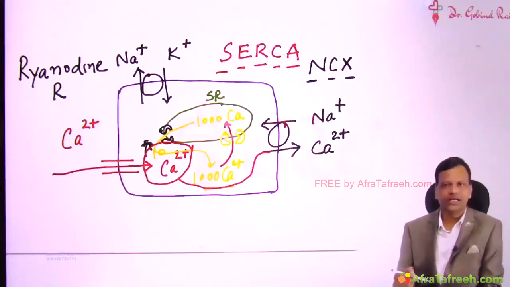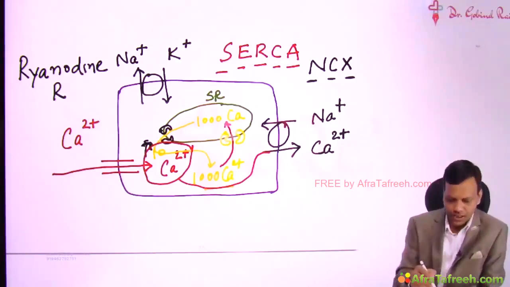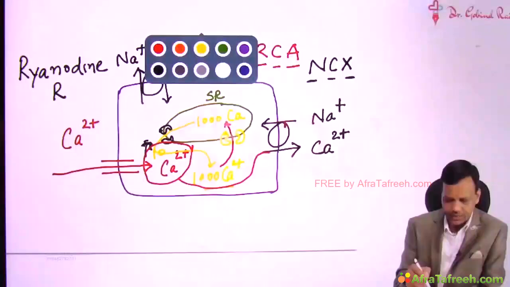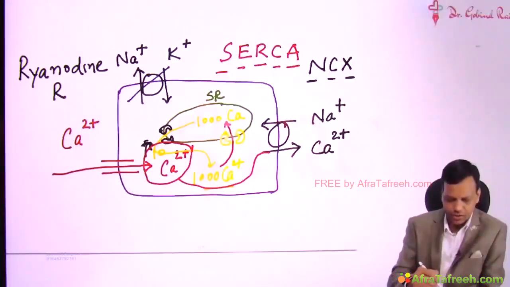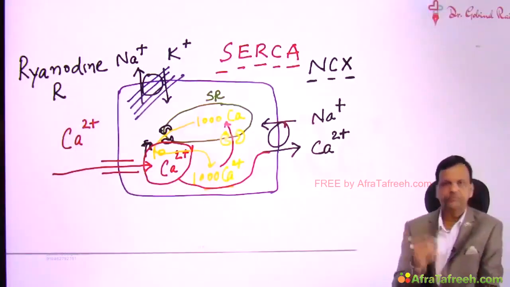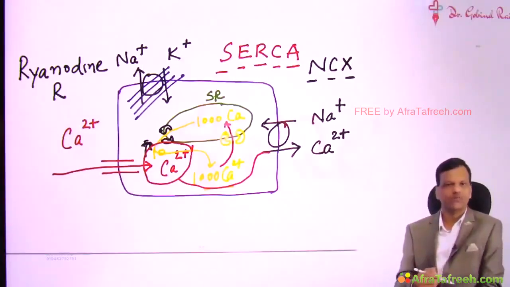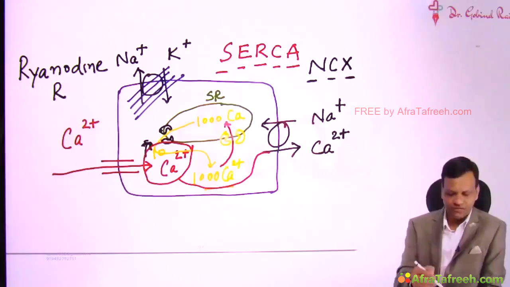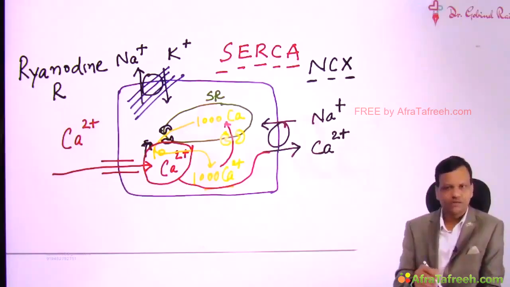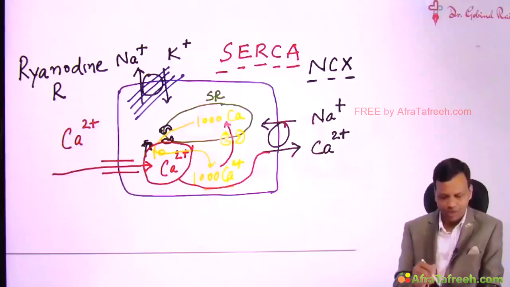Now how does digitalis work? Digitalis acts by inhibiting this sodium potassium pump. Digitalis inhibits sodium potassium pump. So when we give digitalis, this pump is not working. When this pump does not work, sodium cannot go out. And when sodium is not able to go out, it will accumulate inside. So when sodium is more inside the cytoplasm, more sodium is not required.